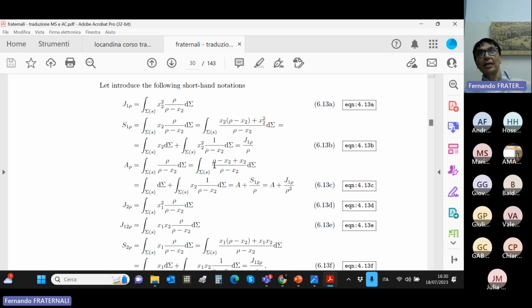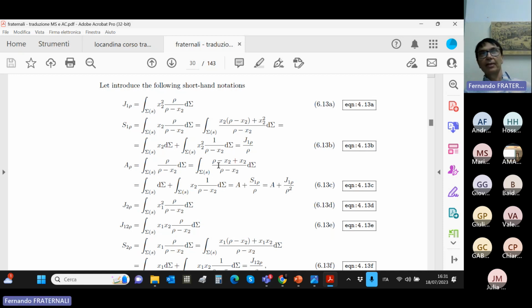Rho minus x2 divided by rho minus x2 gives 1, and then we have plus x2 over rho minus x2 as an additional term. This other quantity is what we call the reduced static moment with respect to the axis 1, the integral of x2 divided by rho minus x2. This quantity we call S1 rho.